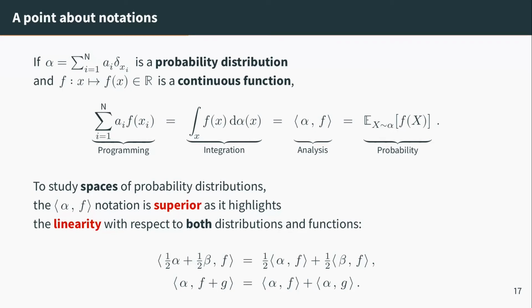And you can ask, why did statisticians wait until 2010, 2012 to start doing this? I think a big part of it is that the notations that statisticians and experts in probability theory are used to really do not lend themselves to having this geometric understanding of the space of measures.